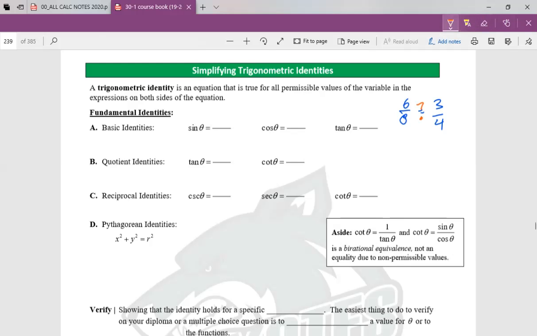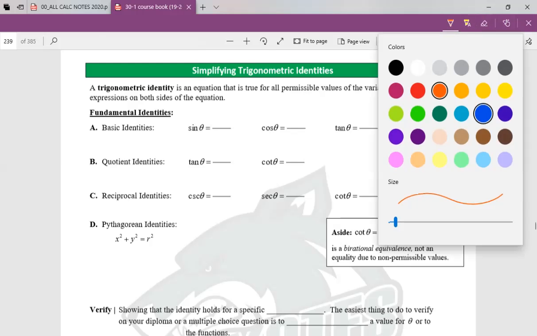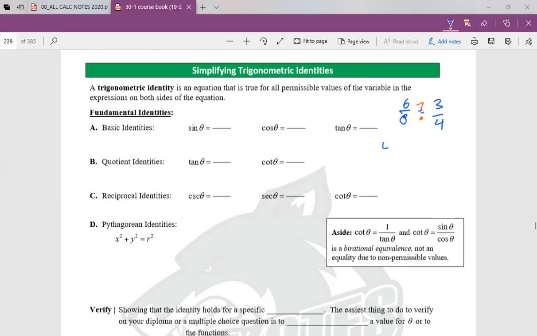It's almost like we have this question mark equal sign. What we're going to end up doing for a lot of this is we will have a left side and a right side, and we will treat these entirely separately. In this case, 6 over 8 is equal to 3 over 4. We would start with 6 over 8 on the left side, 3 over 4 on the right side, and we're going to do some numerical and algebraic manipulations to either one side or both sides independently to get them to look the same.